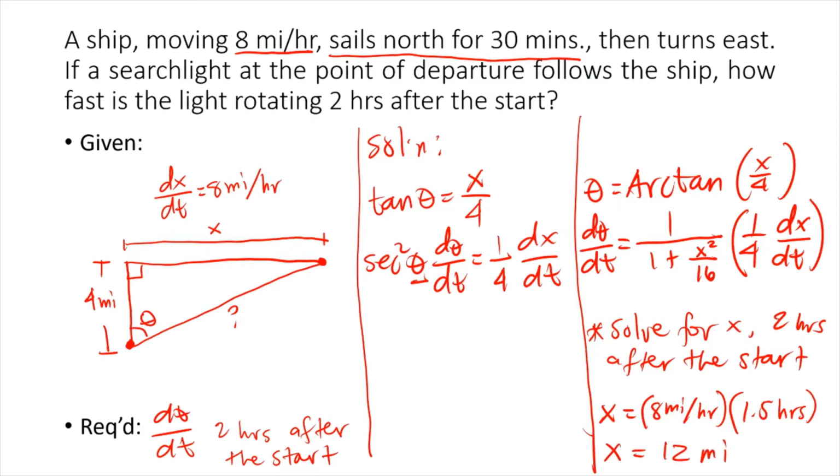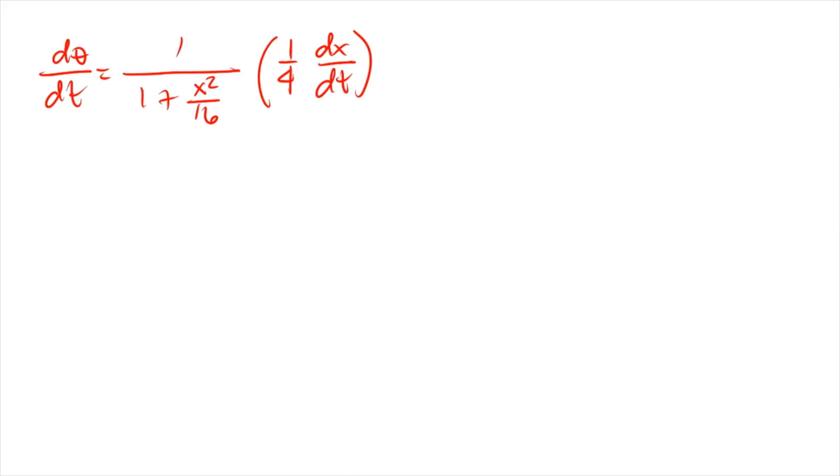Now let's plug in the values of x and dx dt into this equation. Okay, remember x is 12 miles and dx dt is equal to 8 miles per hour.